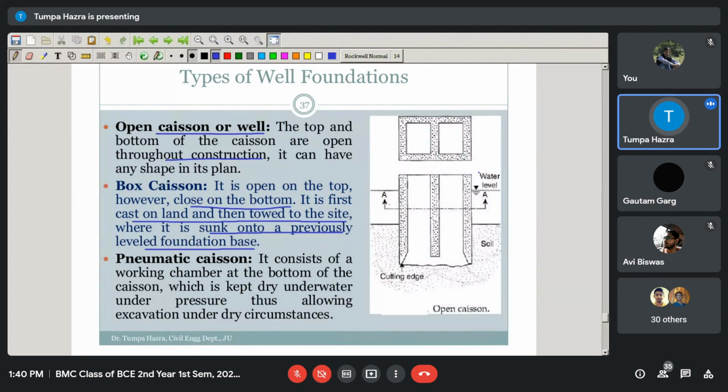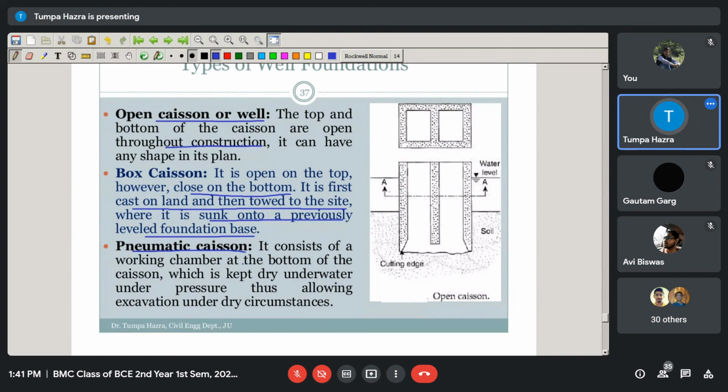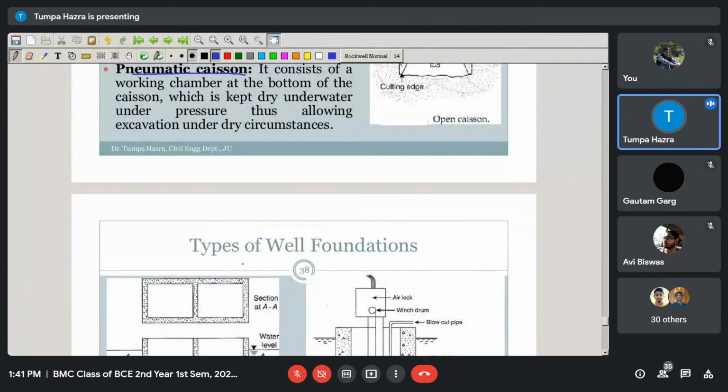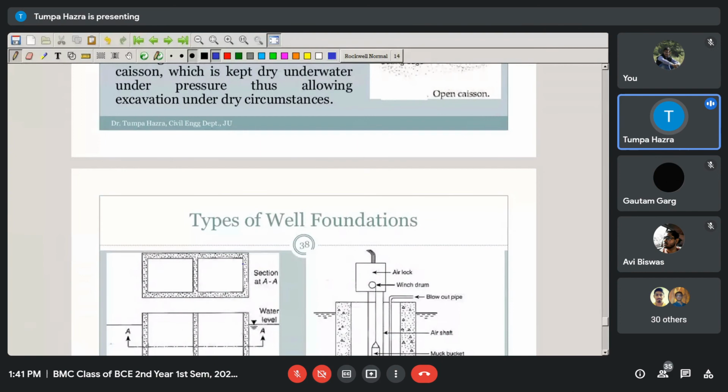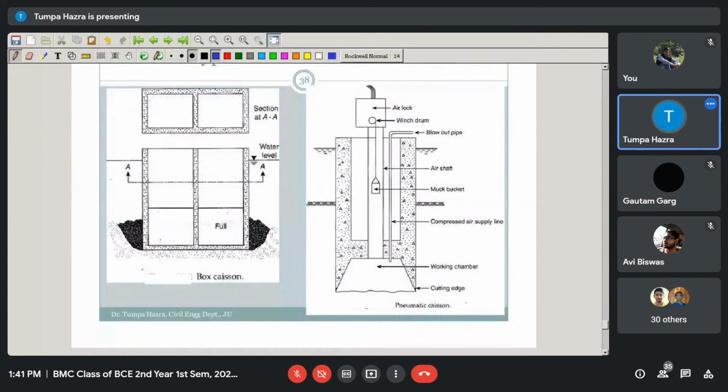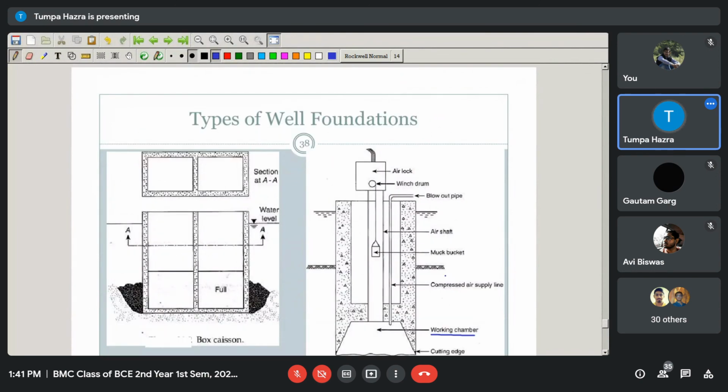And the third one is the pneumatic caisson. The pneumatic caisson consists of a working chamber at the bottom of the caisson, which is kept dry under water under pressure. This is the working chamber. This is the schematic representation of the pneumatic caisson.